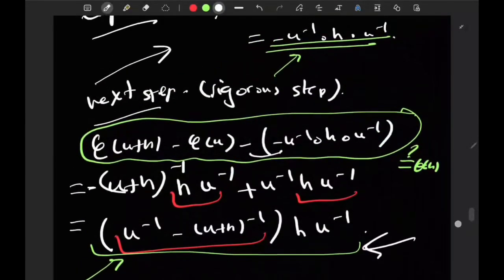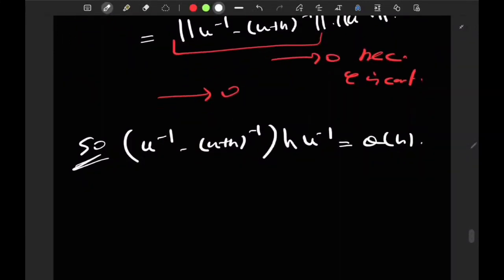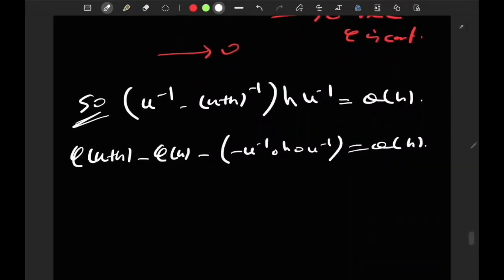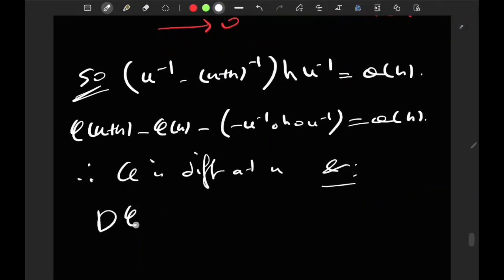And then since this was this difference, I conclude that phi of u plus h minus phi of u minus u inverse round h round u inverse is little o of h. And therefore, this warrants the conclusion that phi is differentiable at u, and d phi at u applied to h is given by minus u inverse h u inverse.